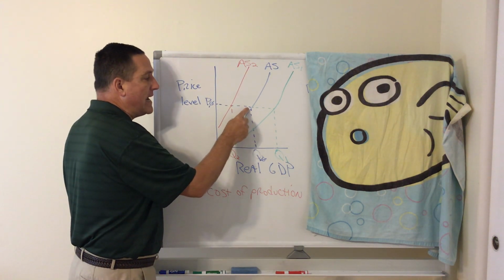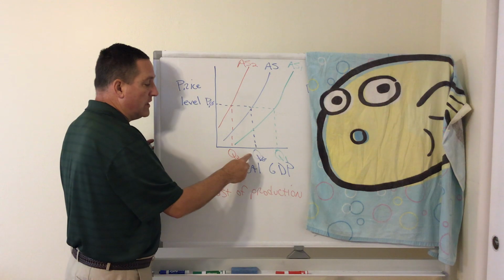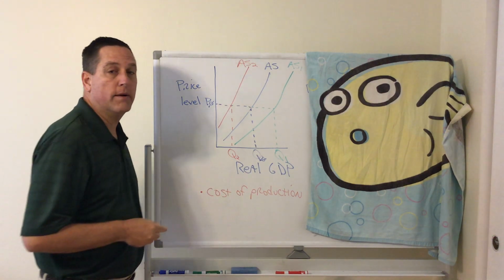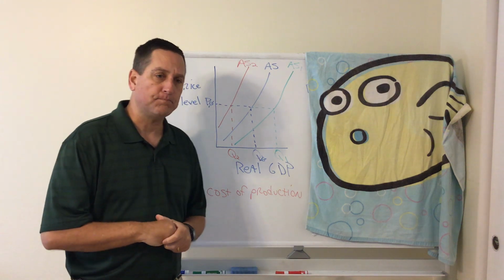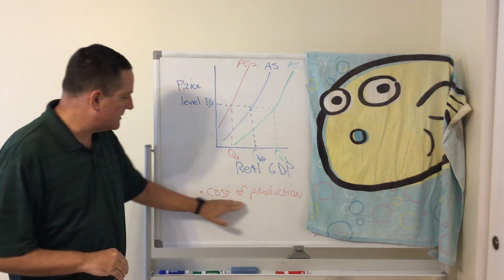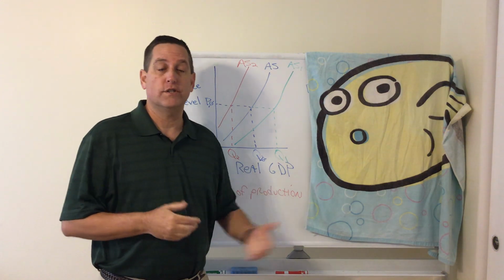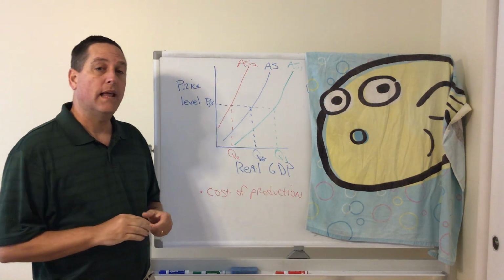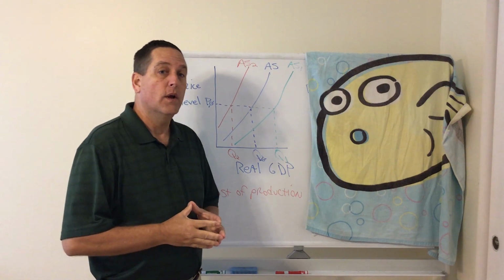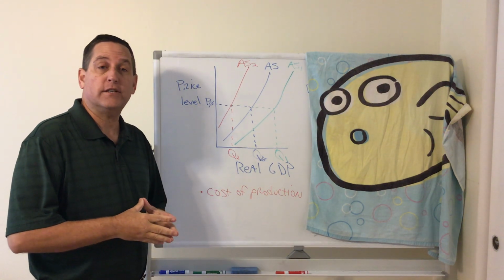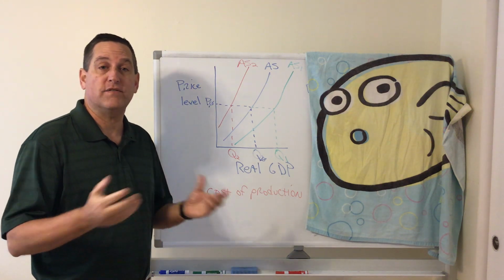Okay, but at those same prices, if the cost of production goes up, that means the supply is going to go down because it's more expensive. Some of the things that will cause a change in the cost of production for all goods and services would be like oil prices. Oil prices are very important in our economy because they affect transportation costs and the price of gasoline.